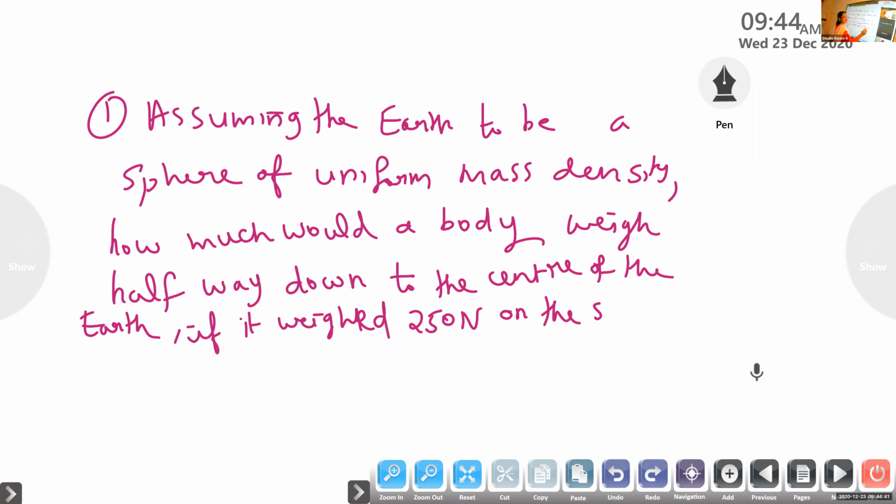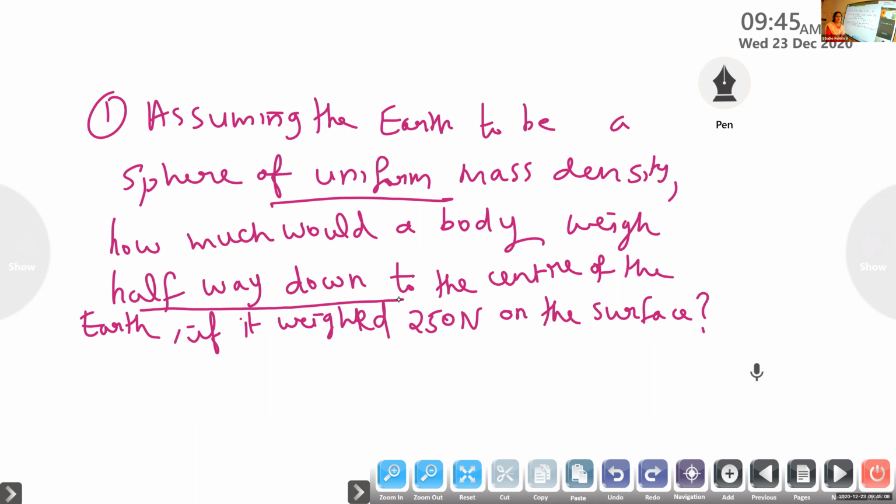So you have to find out the loss of weight. That's the question related to this. Assuming the earth to be a sphere of uniform mass density, how much would a body weigh halfway down to the center of the earth? That is half of the distance to the center, a depth halfway down to the center of the earth, if it weighed 250 Newton.